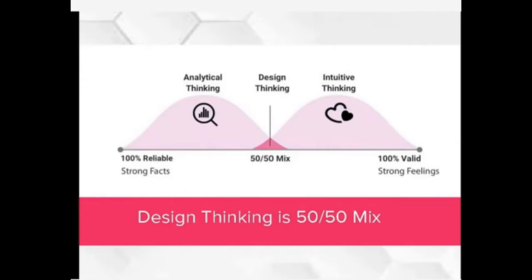Intuitive thinking is 100% valid because the end user is someone who is happy with it. It depends on strong feelings. As said earlier, design thinking incorporates both, a 50-50% mix of analytical as well as intuitive.